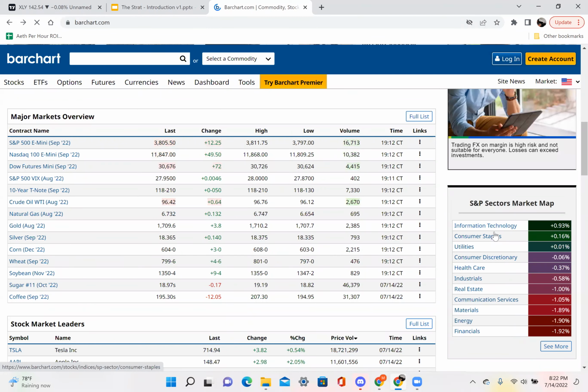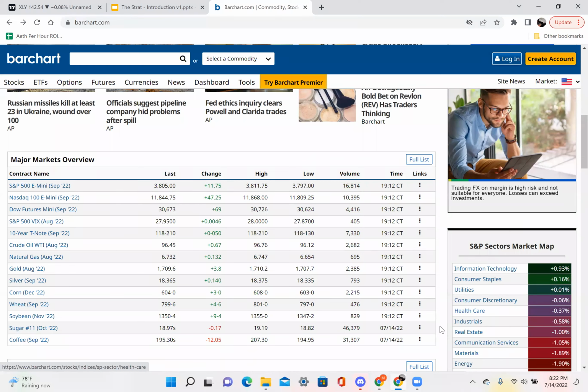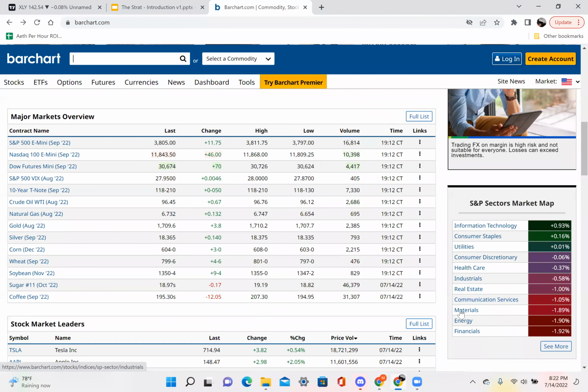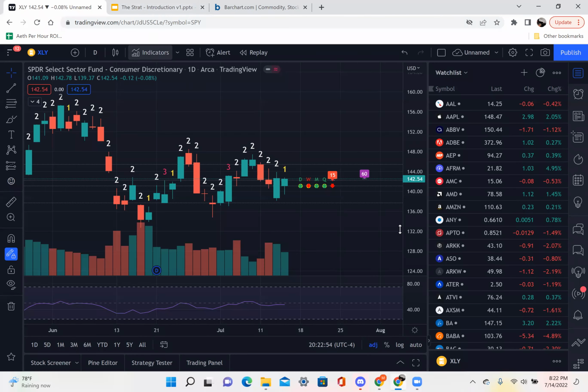Consumer discretionary likes to play with consumer staples and information technology. So I can see that happening, rotating a little bit with real estate and healthcare for tomorrow, right? But I didn't look at everything today to see how everything was rotating, the bottom 3 versus the top 3, right? But let's get back into the strat.